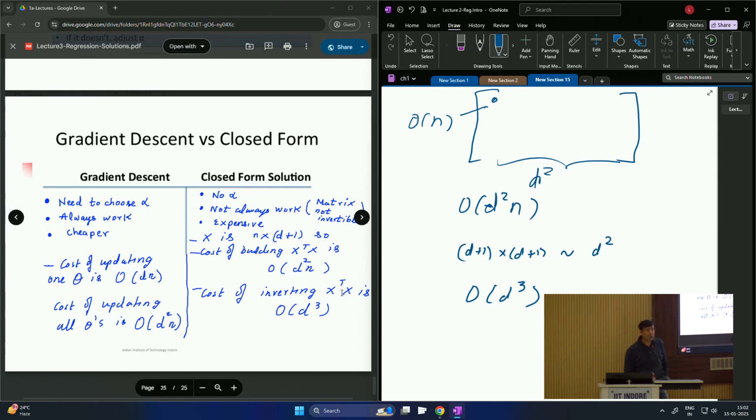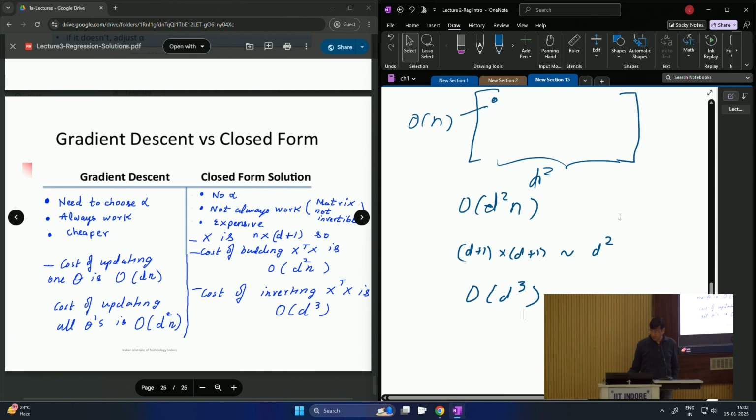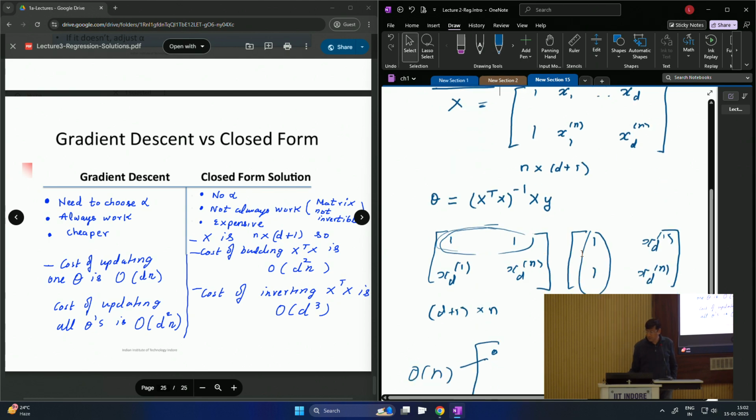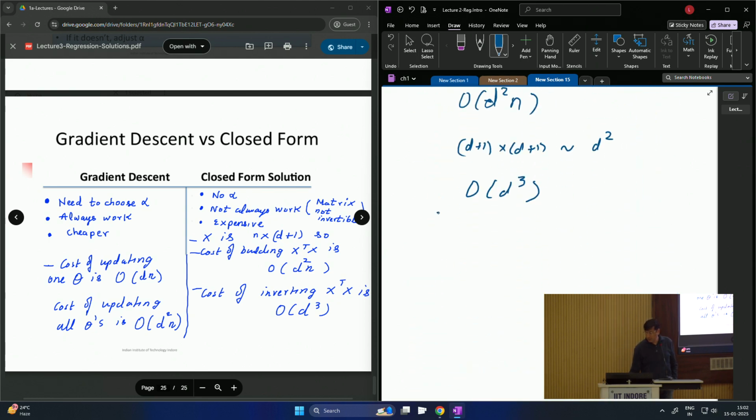Now let's look at the other side. Let's look at the cost of computing the solution numerically. Okay. So this was the closed form. Now let's go back and look at it numerically. To find the cost numerically, how are we updating our theta?